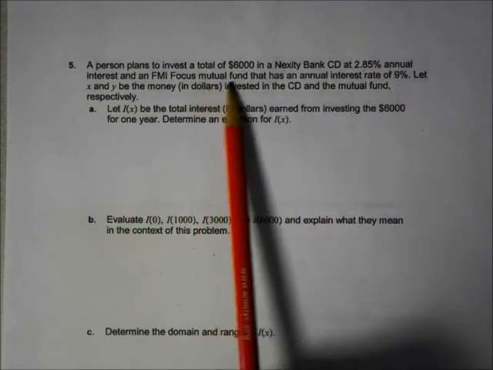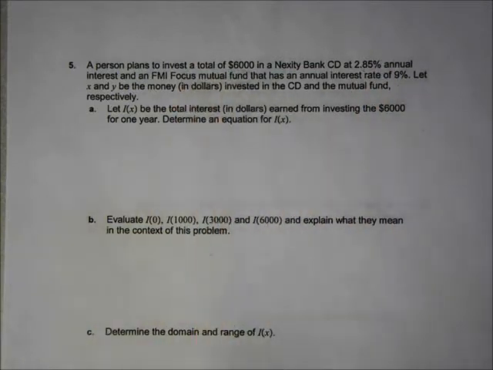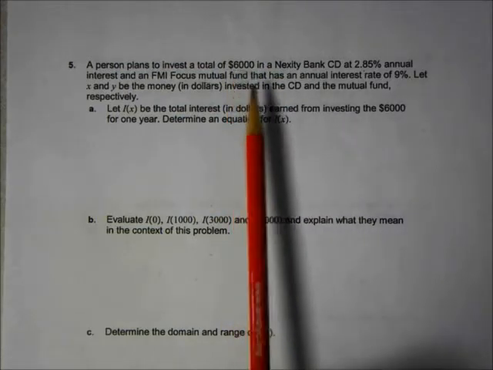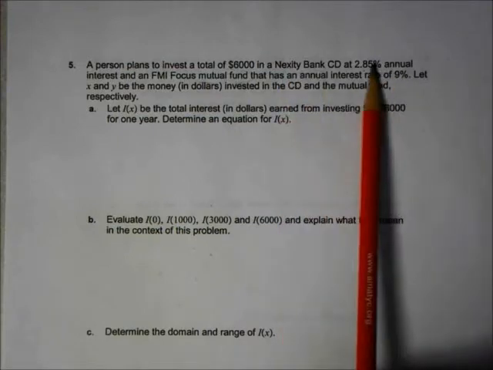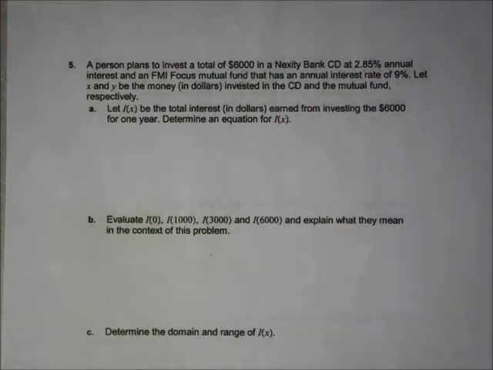Where a mutual fund usually is a long-term investment. You usually put it in and you can't take the money out until your retirement age. Well, you can take the money out, but you pay a big penalty. So that's why you might want to split your money and put part of it in a mutual fund, which earns high interest, part of it somewhere else so that you can access it if you need it. I agree in general, given the choice, I want all my money at 9% also.